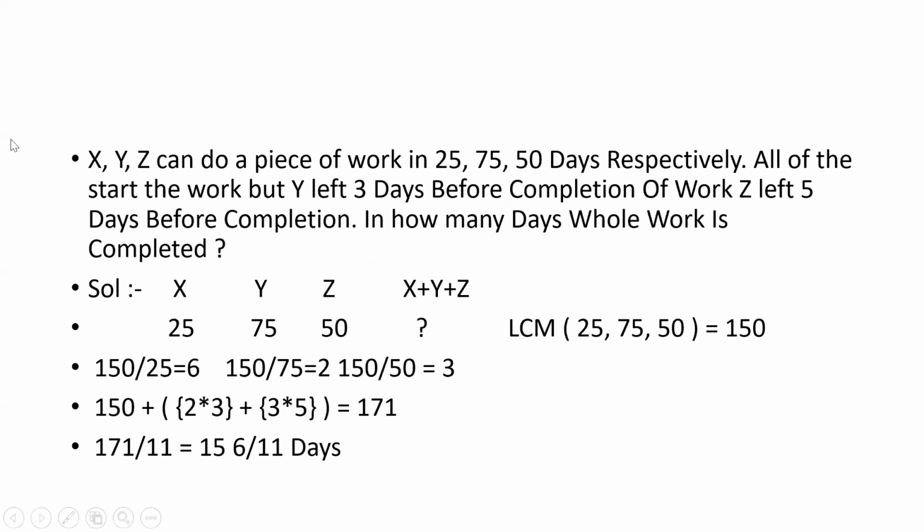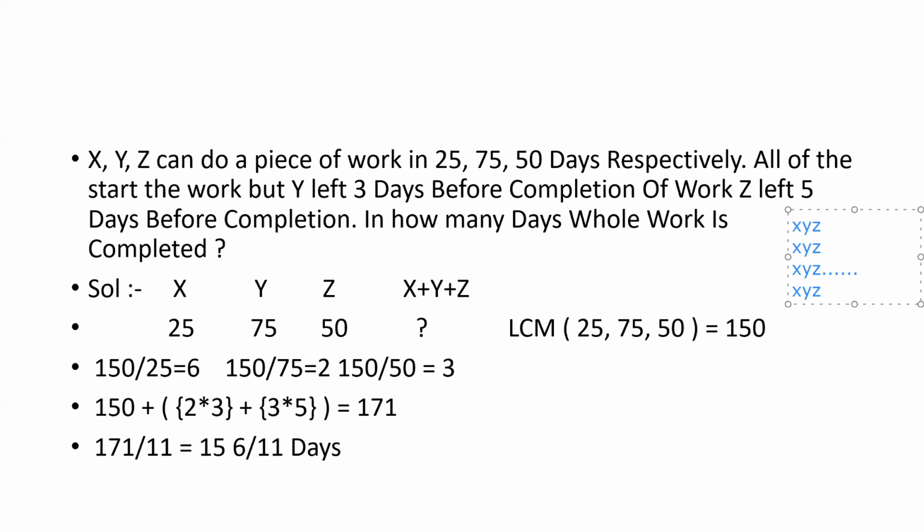Here also it is the same as the previous one, but three persons are given. Here we observe that X, Y and Z start the work and continue the work.